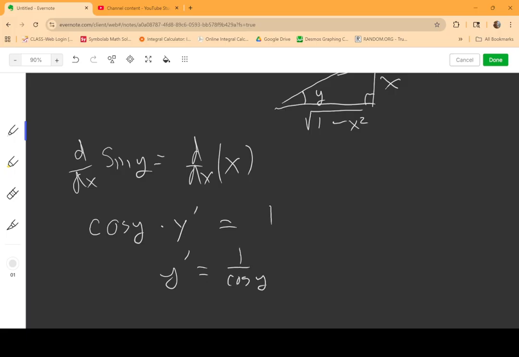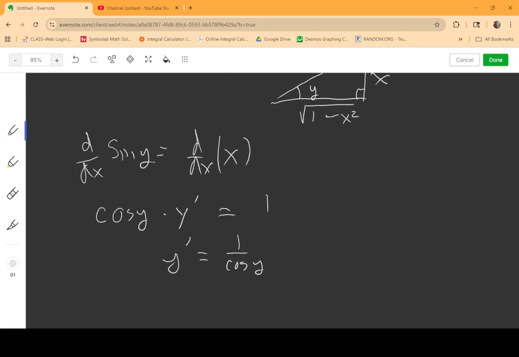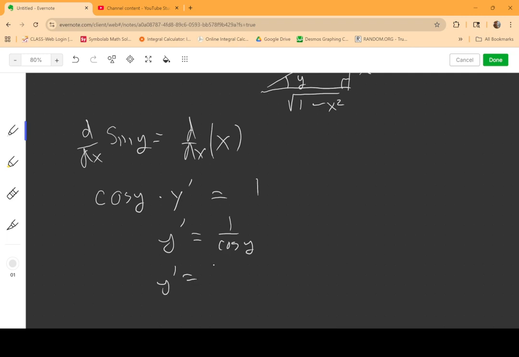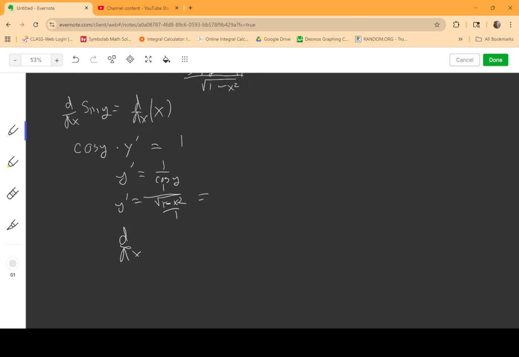Looking at our triangle, cosine is adjacent over hypotenuse. So we get y prime equals 1 over root 1 minus x squared over 1, or just 1 over the square root of 1 minus x squared. So the derivative of y, where we defined y to be the sine inverse function, is equal to 1 over the square root of 1 minus x squared.